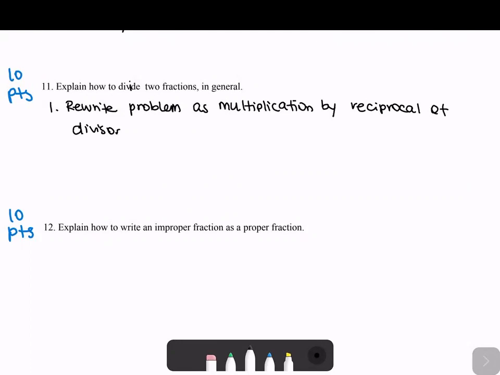So instead of the dividend divided by the divisor, we do the dividend times the reciprocal of the divisor. We rewrite the divisor here. Number 2, we multiply using the multiplication algorithm. And then we simplify if possible.